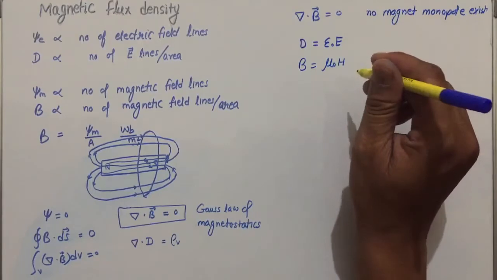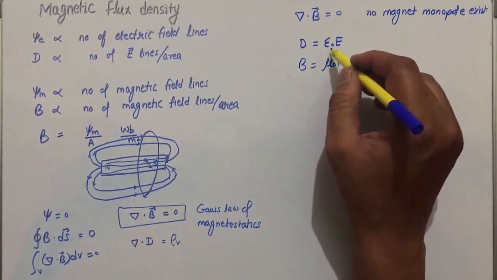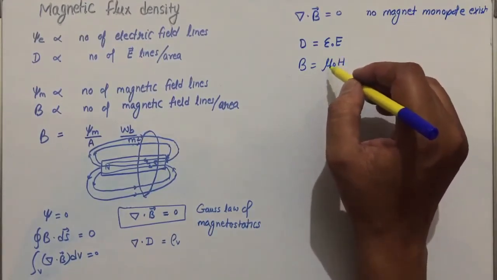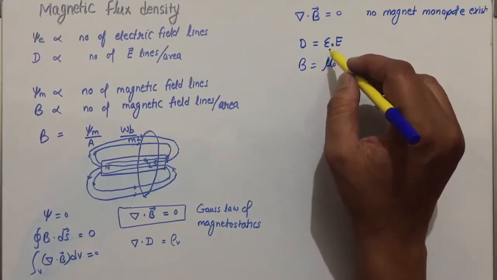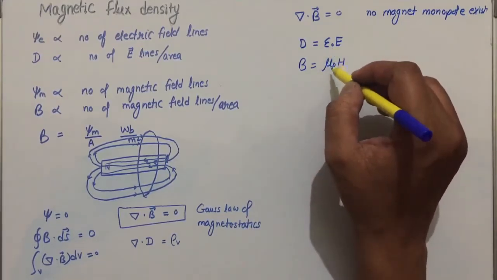So this is the resistance, this is allowance.